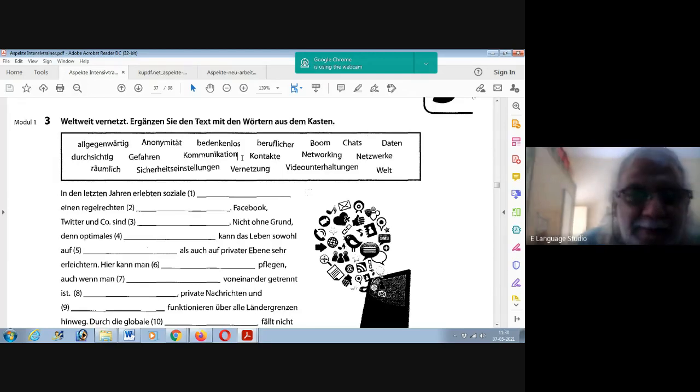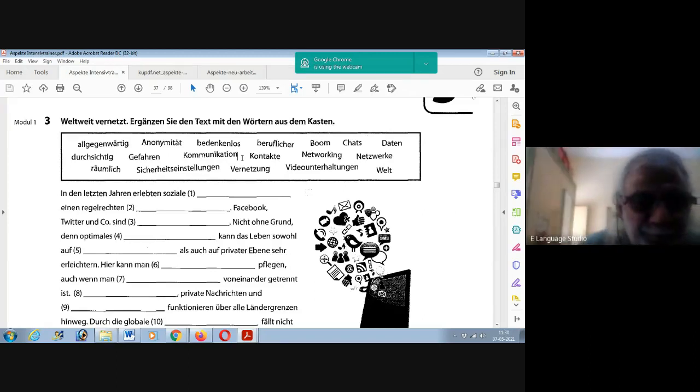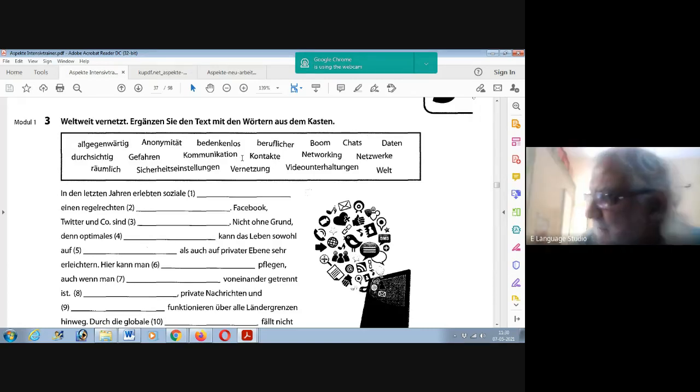Sehen ist das Verb, also mit den Augen sehen. Sicht, Noun. Sichtig ist das Adjektiv, sichtbar, und dann durchsichtig. Transparent. Ja, so durchsichtig, transparent.